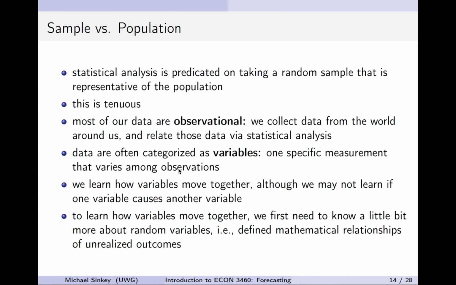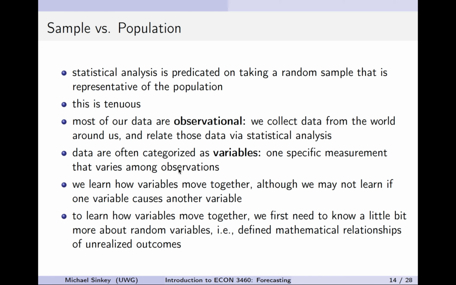And my hope is that via my sampling procedure, the link between the sample and the population is strong enough that I can conduct inference about the population from the information that I learn in the sample. And to the extent that I can do that, I'm learning about the population.